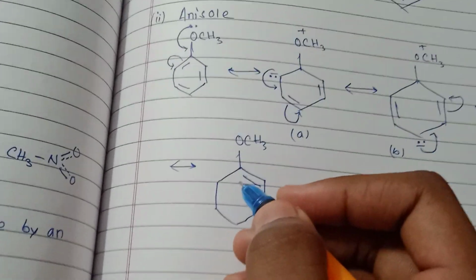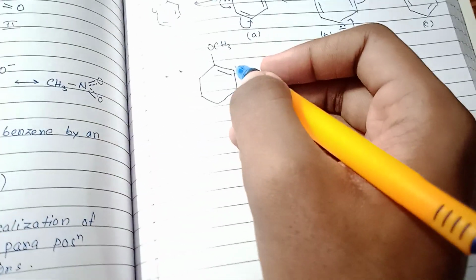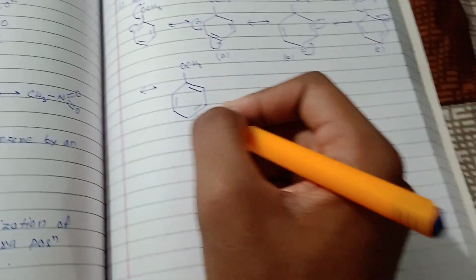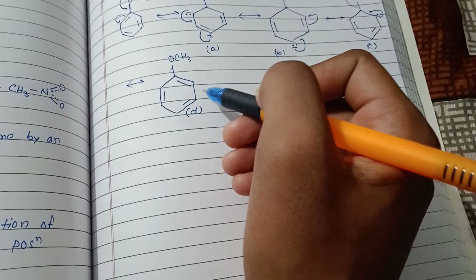Let me show, zooming in, from here it will come to here. Okay, let me zoom out. Now the bond will come here, here, and here. That's the resonating structure. Last, that's D. That's the resonating structure of phenol.